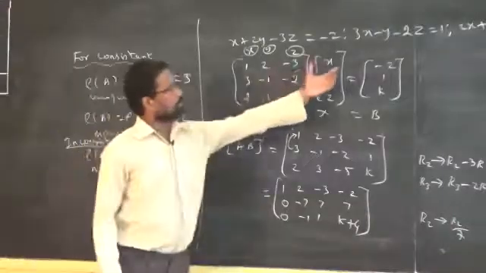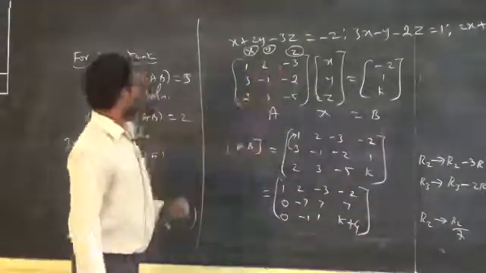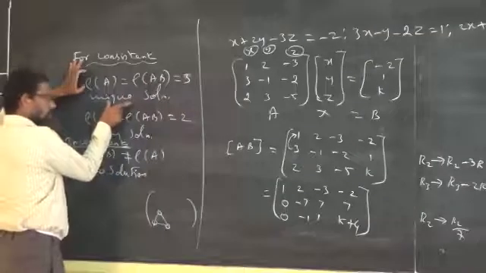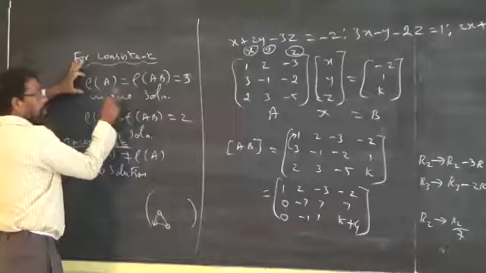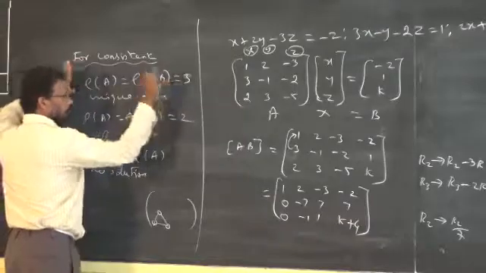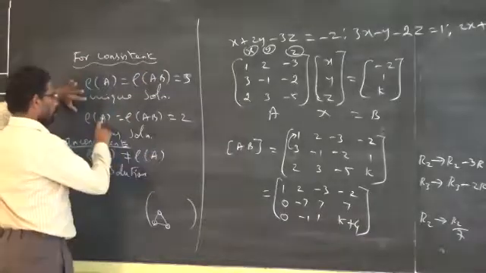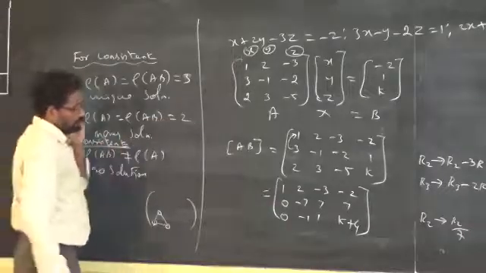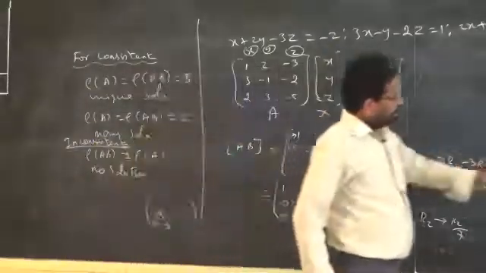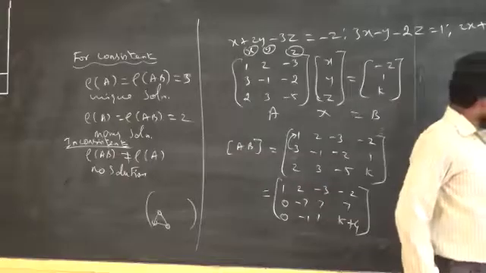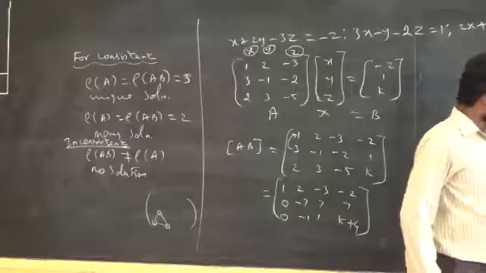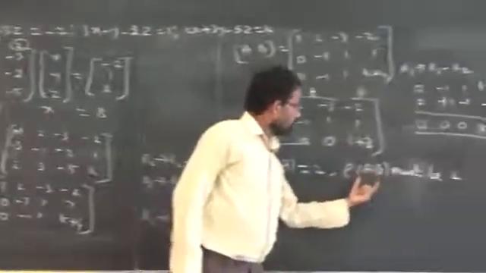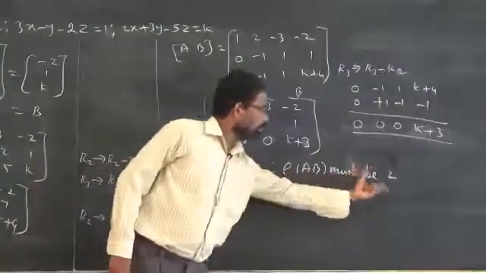So, for these three equations, you should go for two possibilities. One is unique solution. To get unique solution, both ranks should be 3. When both ranks of the matrices are 2, then we have many solutions. So, here we found rank A is 2. Therefore, from the question you must show that rank AB is also 2.